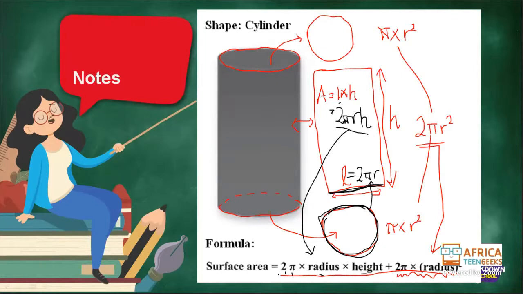So the formula for the surface area of a cylinder is 2 times pi times r times h, there it is, plus 2 times pi times r squared. Okay, so that's how the formula came about.